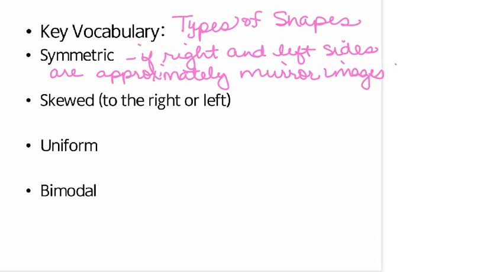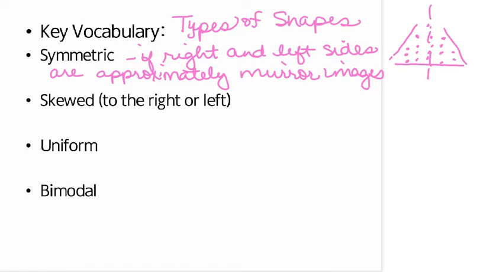So if I had a graph here and I had data that looked like this, you can see that I pretty much have a mirror. If this was the middle, I'd have a mirror image on both sides. That's primarily symmetric. Truly, we do not have a lot of symmetric things. Most distributions are not symmetric. It's a very rare anomaly.